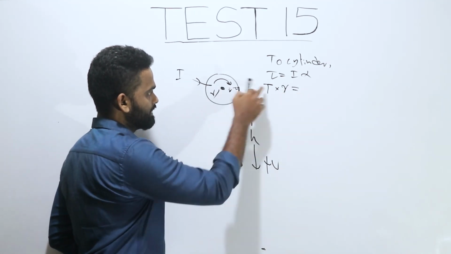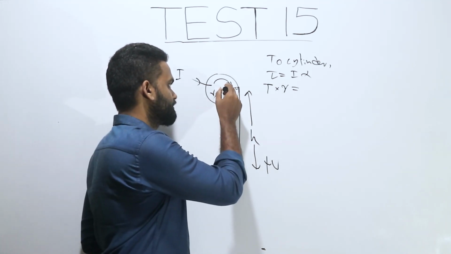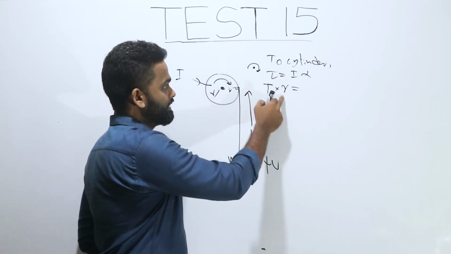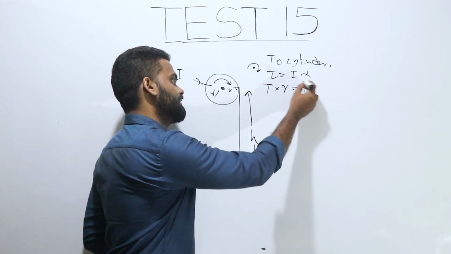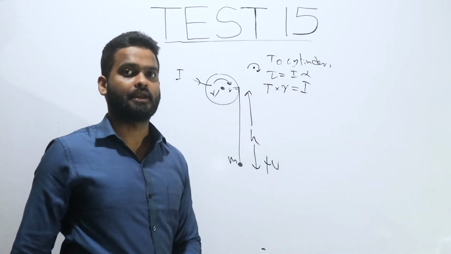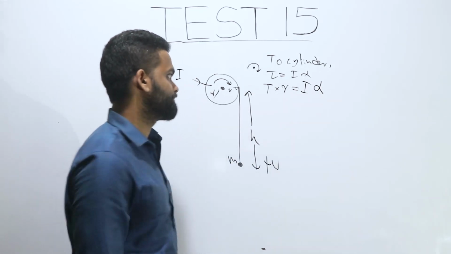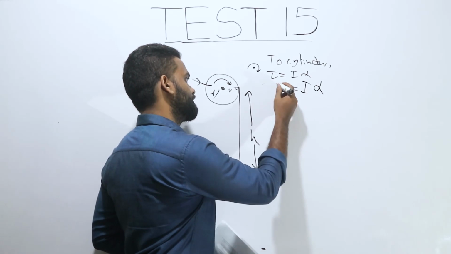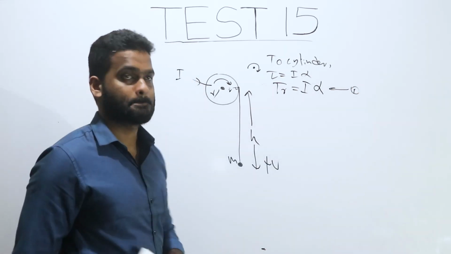T times r is the only torque around the axis. So I'm applying this equation around the axis of the cylinder. T times r. Then the moment of inertia around the axis they have given as capital I. Then we get this alpha. So TR equals I alpha. So that is one of the equations.